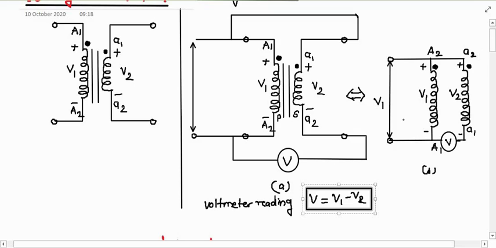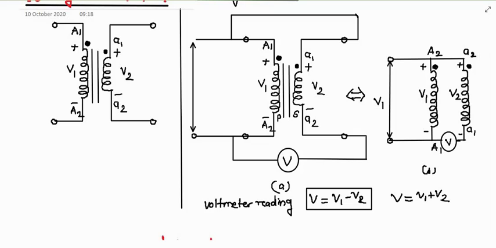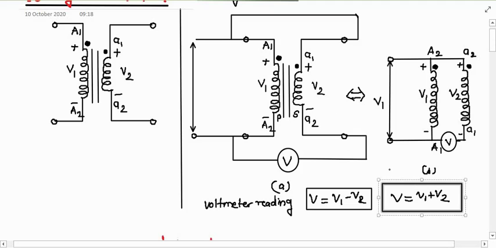And if the voltmeter reads V equal to V1 plus V2, means that we have to change the polarity of one of the windings. So if the voltmeter reads V1 plus V2, then the polarity marking of one of the windings should be interchanged. In this way, the polarity of the two winding transformer can be identified.